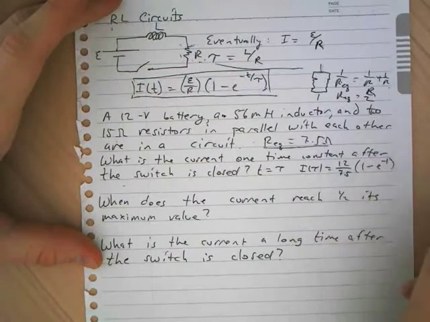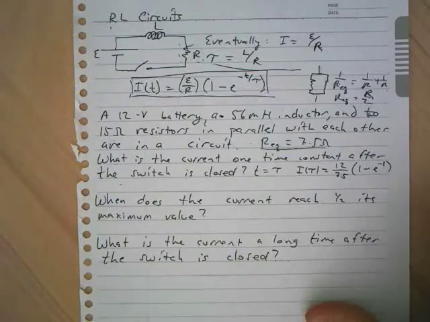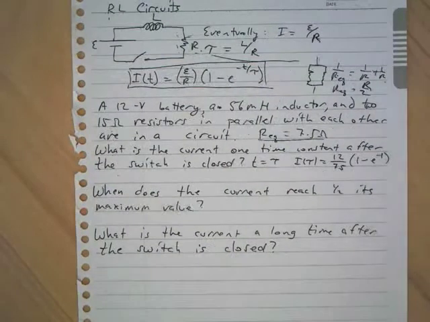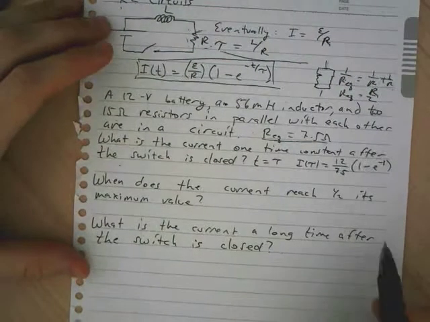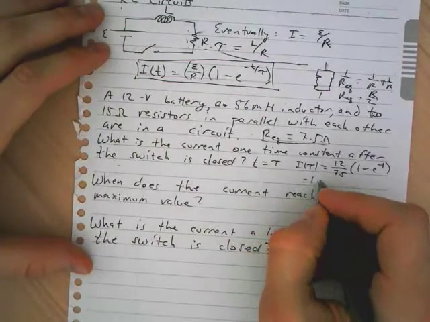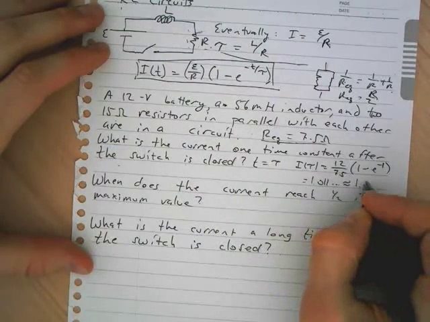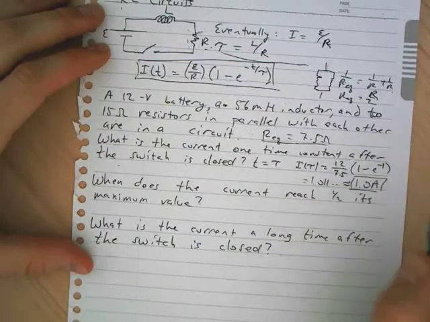That's e to the negative first. So that current, the current at that time, comes out to 1.011, etc., or about 1.0 amps.